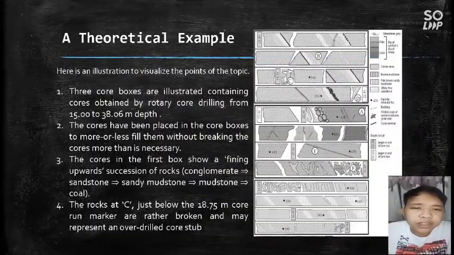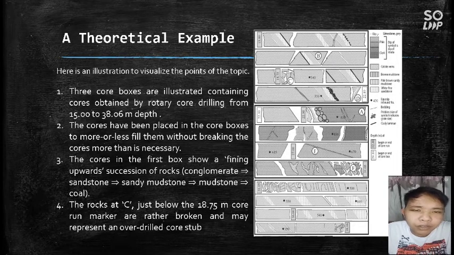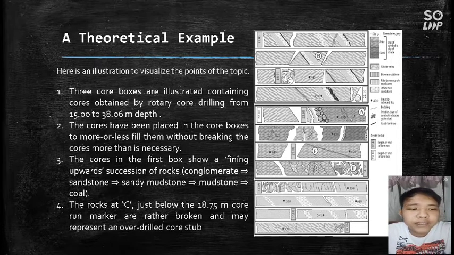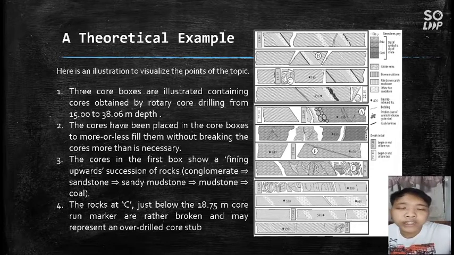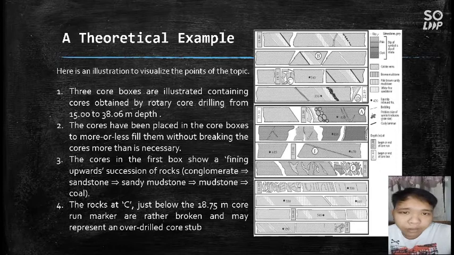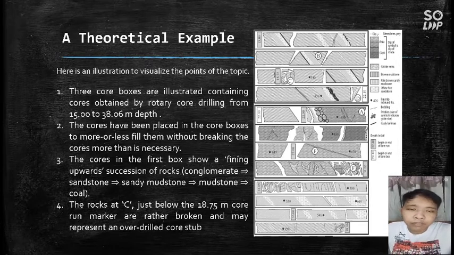Our next topic is about a theoretical example of the drilled cores. On the right side, you can see an illustration to visualize the points of the topic. First, there are 3 core boxes. Look closely because you can see 3 core boxes containing a rotary core drilling from 15 to 38 meters depth, or 15 to 30 meters drilled below ground.